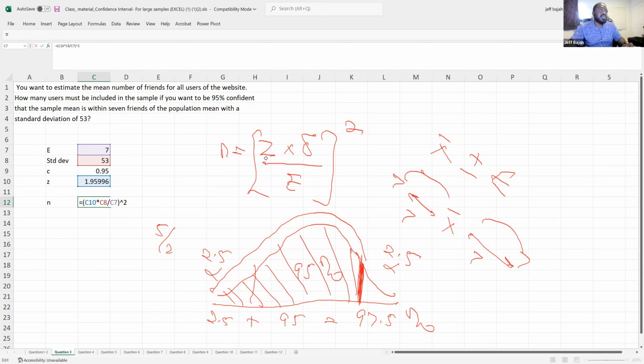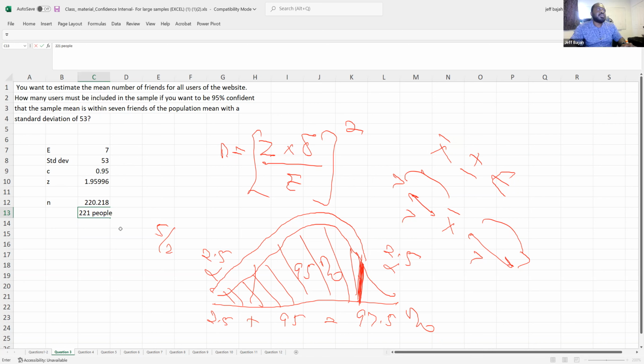So you can see Z is C10, times standard deviation, which is C8, divided by our margin of error, which is C7, and then we're taking the square of that. And that gives us an answer of 220.218. But because we're doing a sample of people, we move this to the next whole number. And so what it means here is 221 people or friends.